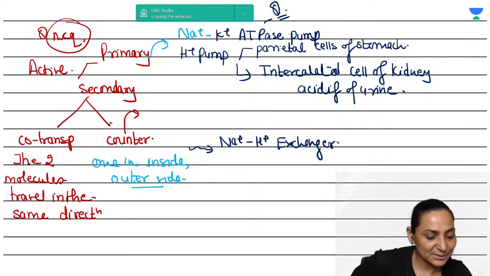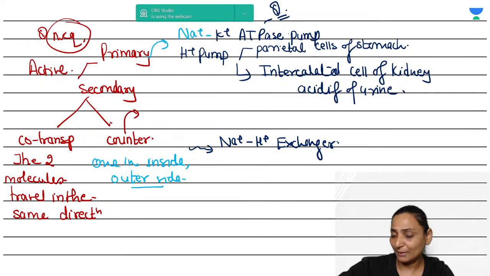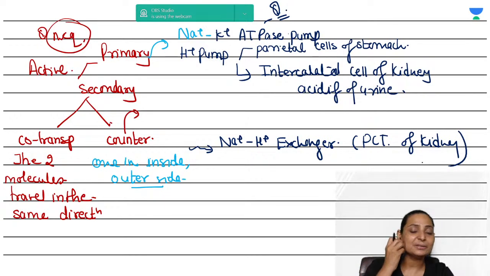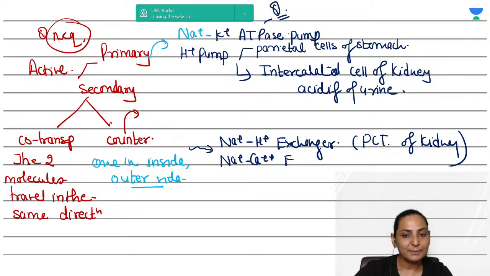Where is it present? One of the most important sites you can remember is the PCT, the proximal convoluted tubule of the kidney. Another example you should remember is the sodium calcium exchanger, which is present in the cardiac muscles.